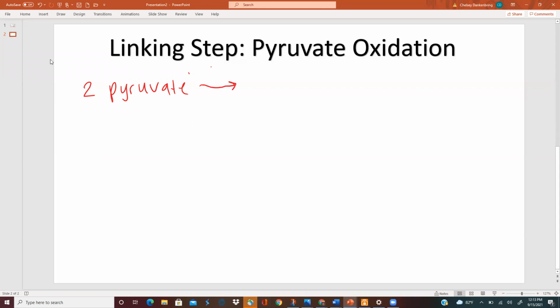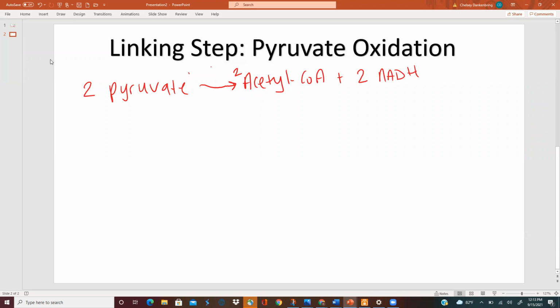It's called acetyl-CoA. We're actually going to make 2 of them. And in converting pyruvate to acetyl-CoA, we're also going to get 2 molecules of that stored energy, which is NADH. That's the entire linking step.